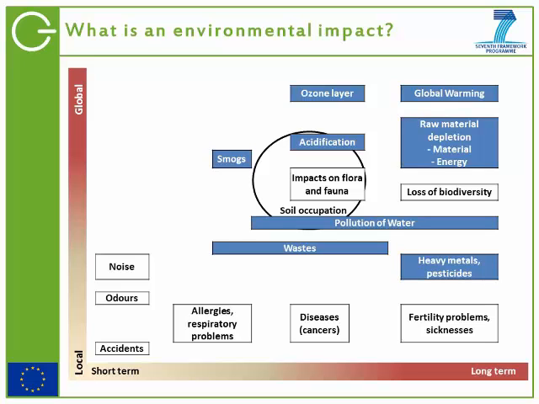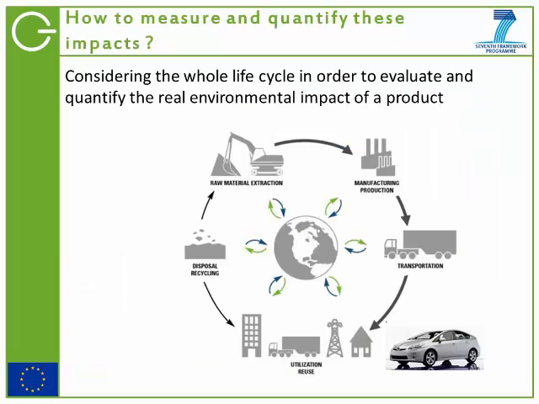For eco-design, evaluating these environmental indicators over the product life cycle is crucial. It is crucial because environmental assessment is about evaluating all the impact generated over the product life cycle in order to make a decision on whether or not a design solution is an improvement for the environment.